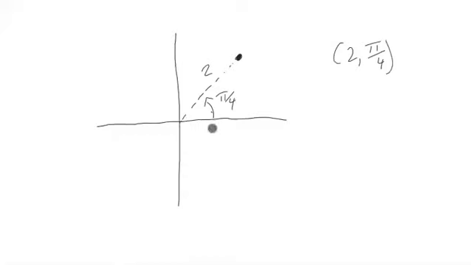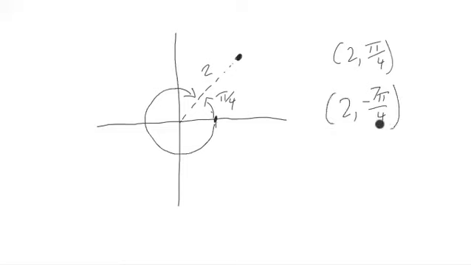Well, we could also use this angle, and we'd get to the same point if we, from the positive x-axis, go this way, for a negative angle, and that would be negative 7 pi fourths. This also works.